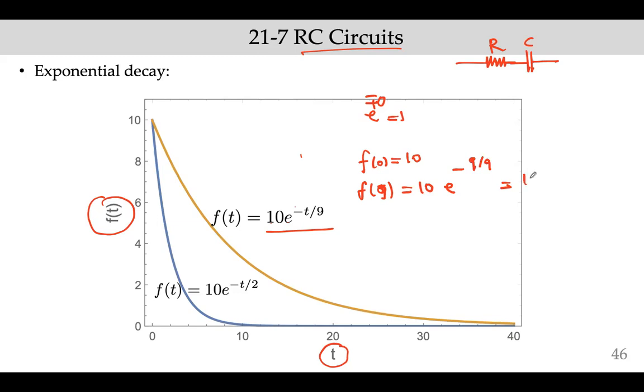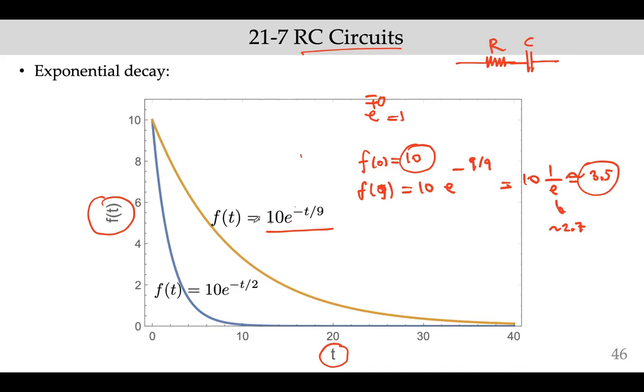So this is like 10 times exponential to the power of negative 1. So it's like 1 over e. And e is a number about 2.7. And this becomes approximately, I think, 3.5. So it went down from 10 to approximately 3.5.